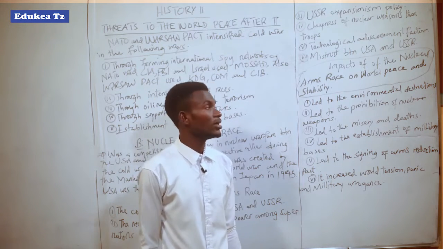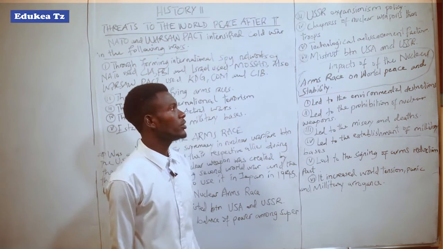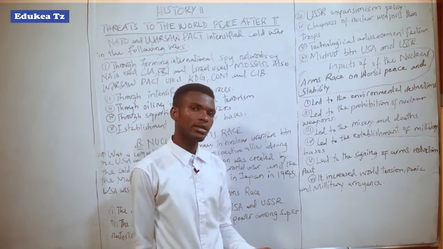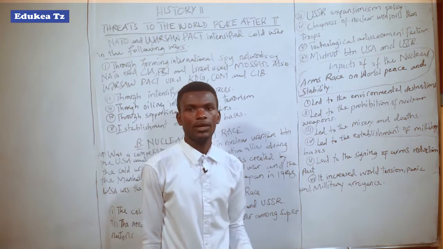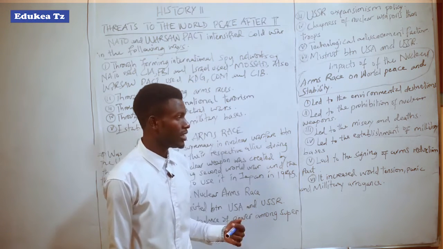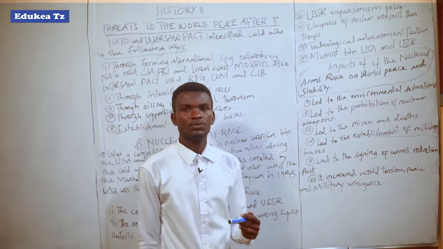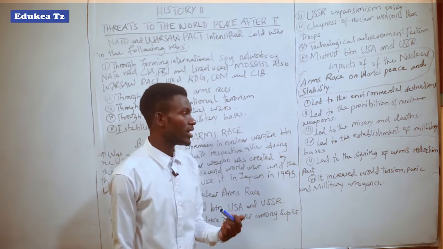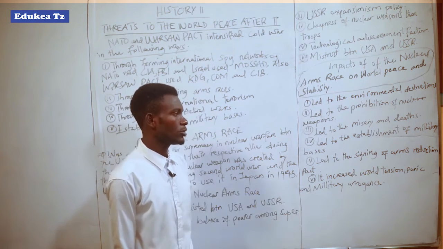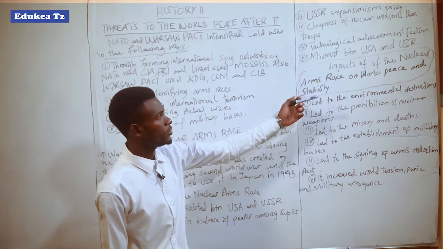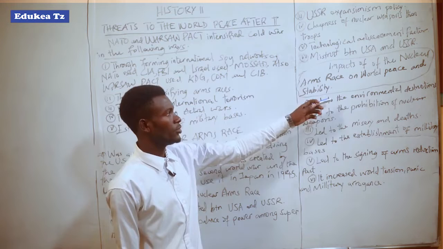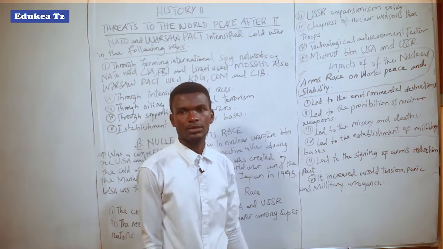So those were the impacts of nuclear weapons, whereby every bloc or every country, USA and USSR, were defending each other and ensuring the spread of their ideologies in those countries. So these were the impacts of the nuclear arms race on world peace and stability.